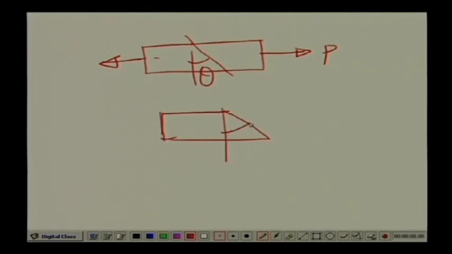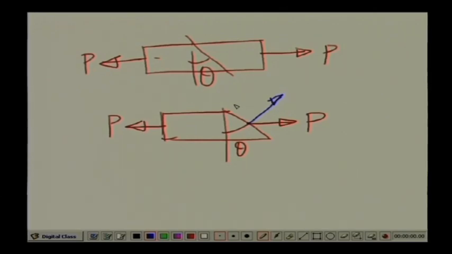this is angle theta. We have the force acting here as P. The resistive force acting to this body to keep it in equilibrium is P. So, this will have two components, one along the normal and one along the plane of this particular section.